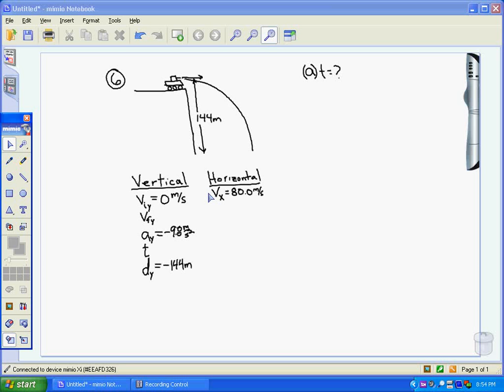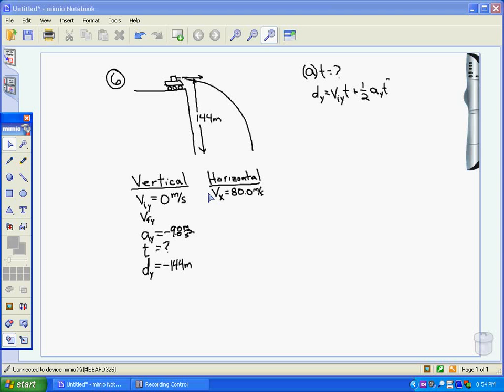Looking at our equation, we're looking for T. We have VFY missing. So the equation is going to be DY equals VIY t plus 1/2 AY t squared.